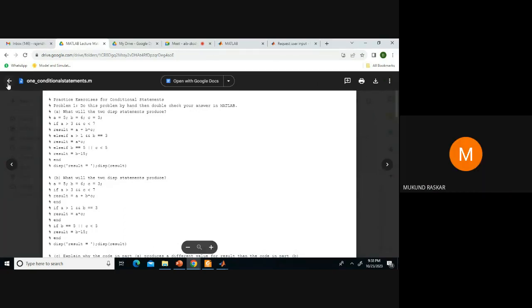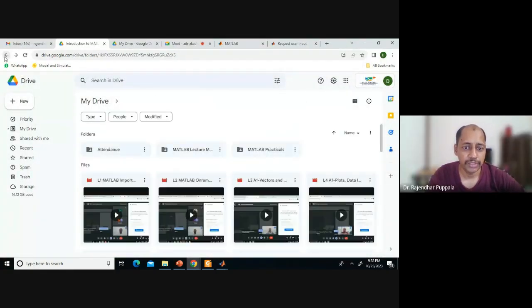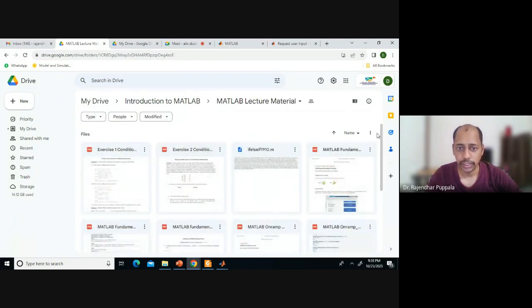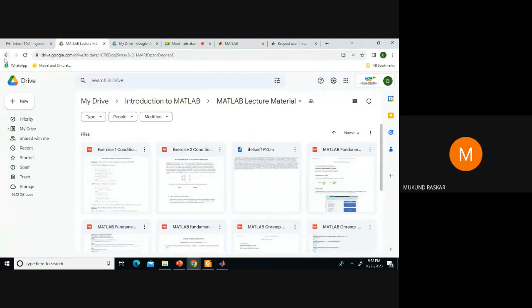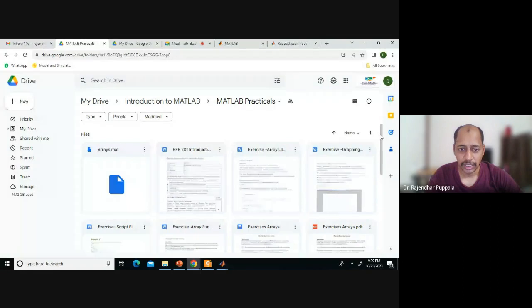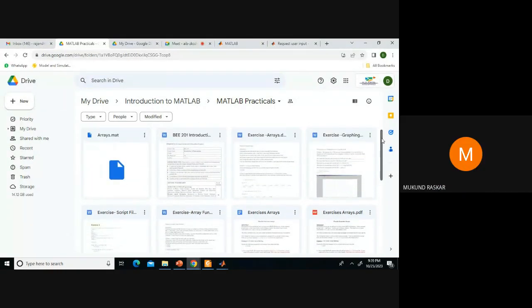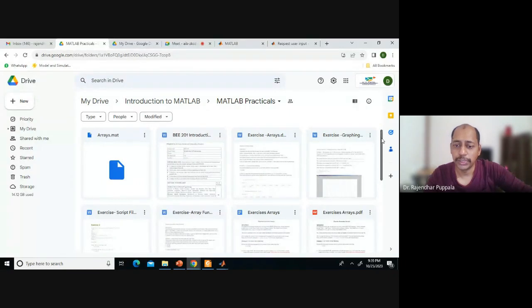If I am explaining it in my lecture, I will directly upload it in the lecture material folder. If it is not explained by me and it is related to your practicals, it will be uploaded in the practicals material. In the practicals also, you asked me to upload the previous files explained by your lab faculty.